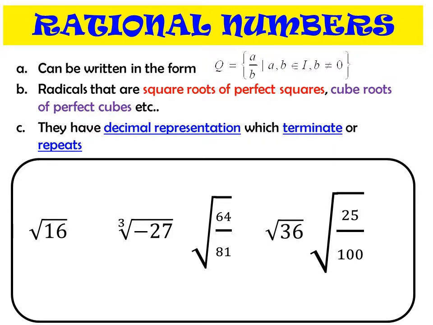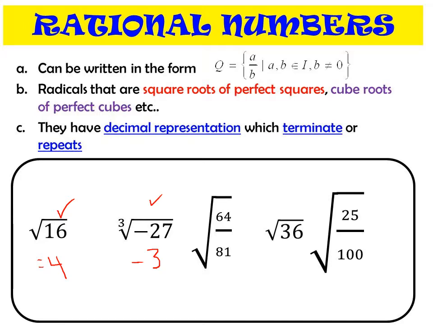Radicals that are square roots of perfect squares, cube roots of perfect squares, can have a decimal representation that terminates or repeats. So the square root of 16 is 4, so this is a rational number. The cube root of negative 27 is negative 3, so that is a rational number.